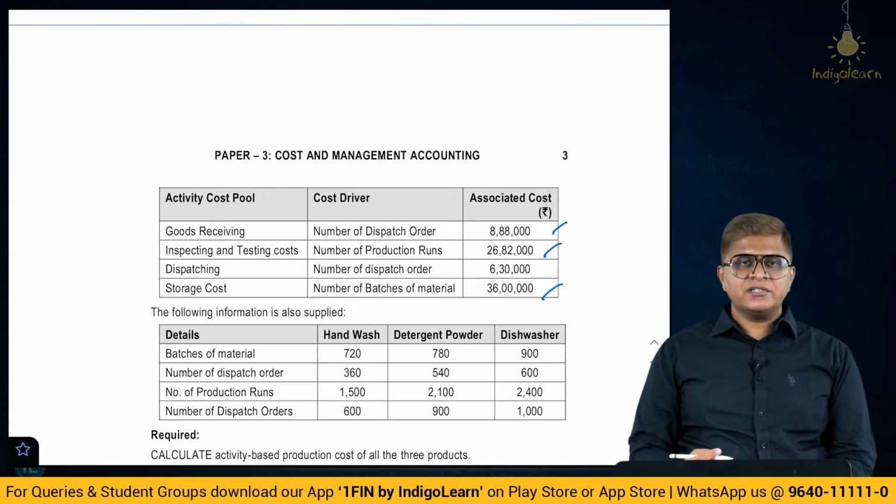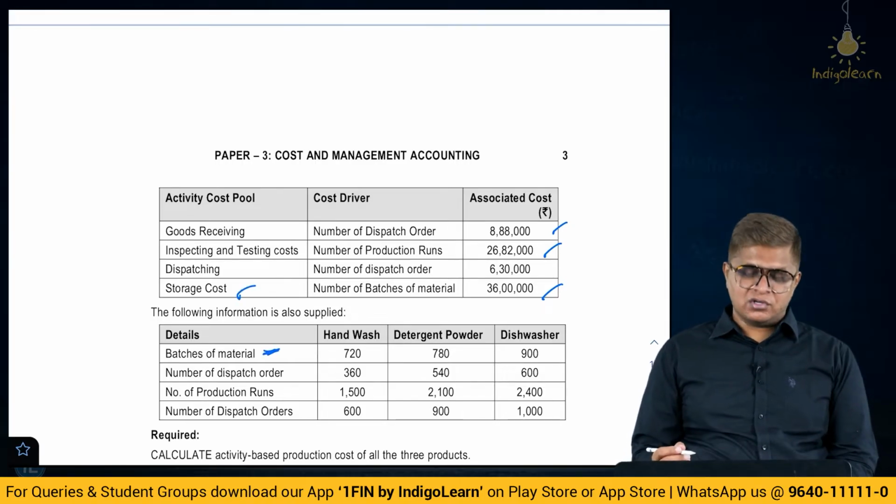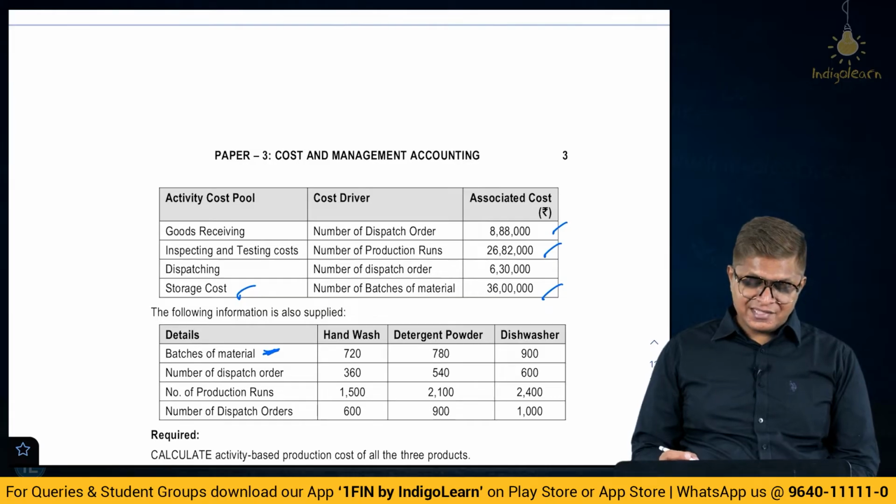The following information is also supplied. So they have given us the number of batches of material. So this will be used to apportion the storage cost. Number of dispatch orders. They have given us 360, 540 and 600.